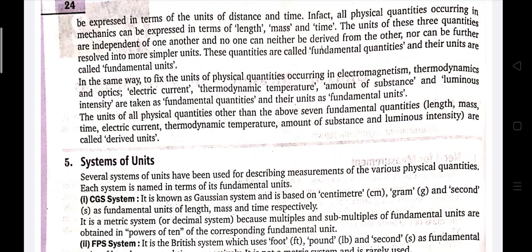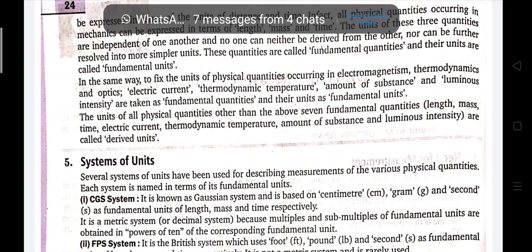Then the British system, that is known as foot-pound system. Length in foot, mass in pound, time in second. Okay, so in WWE championship, the wrestler's weight is still measured in pound, and if you go to the market to buy dumbbell, you will find the mass is still in pound.